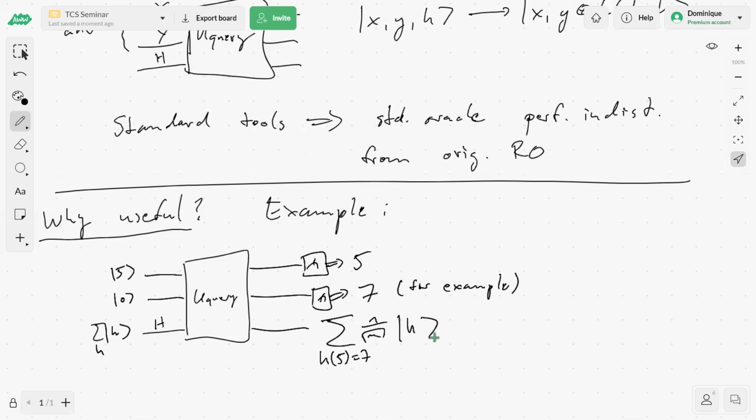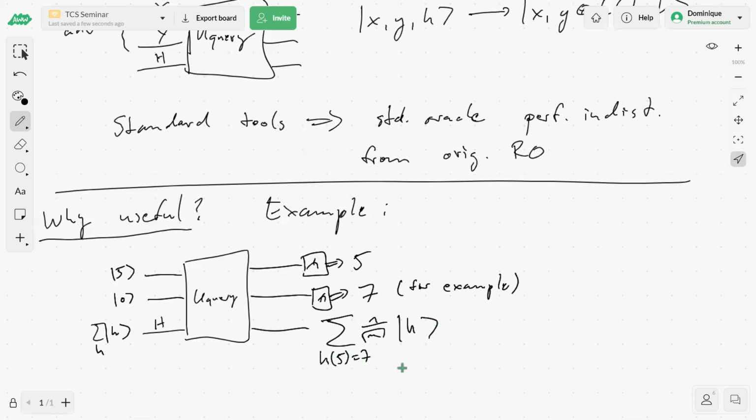So by having done this query on position 5, we get a register that is of the form superposition of all h where h of 5 is 7. And at least if you write it in this way, we see that this has in some way now stored the fact where we queried it. So this is a very different state than, for example, the state h of 4 equals 7. They're not orthogonal, but they are almost orthogonal.